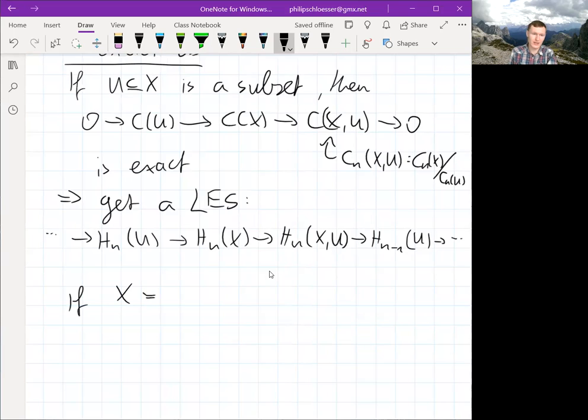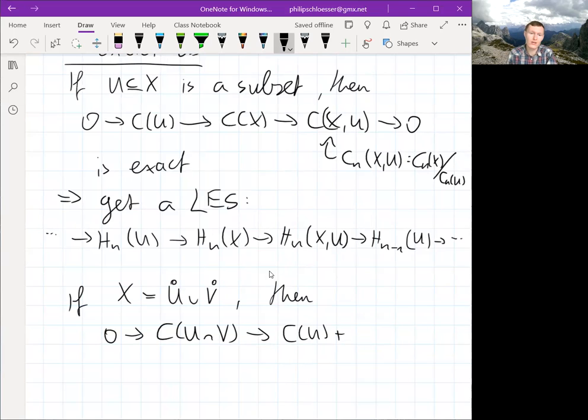If we can write X as a union of two sets, more specifically as the union of their interiors, then we have a short exact sequence between the intersection and then the direct sum, and then something with an open cover.